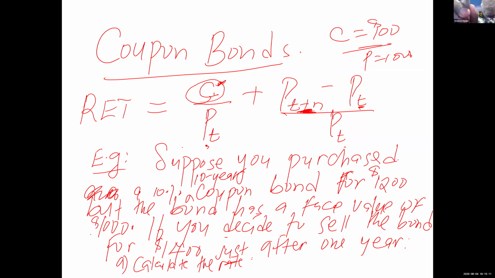Sorry, the rate of capital gains first. And then B, calculate the return on this investment.